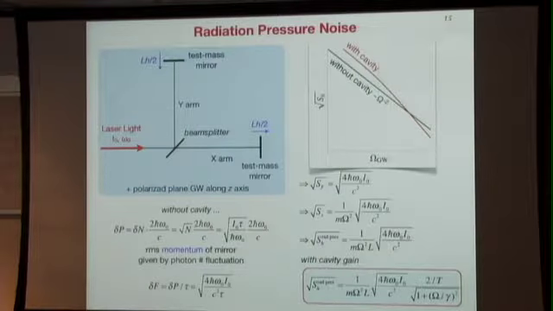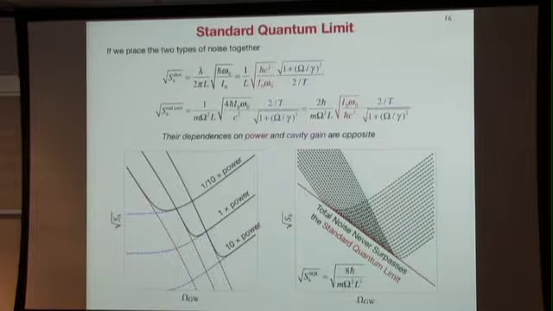Here I won't go into the details, but what I will show you is that radiation pressure noise, as it turns out, scales the opposite way from the shot noise, the photon counting noise. So this blue curve is the curve that I talked about first, which is just due to not enough number of photons.